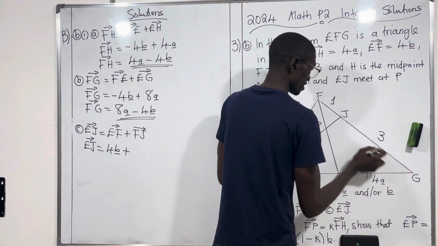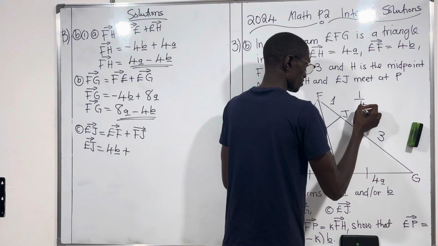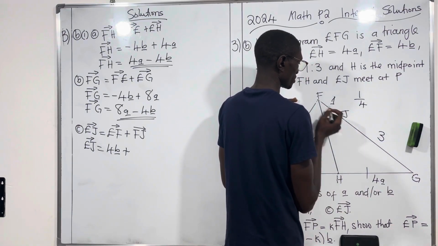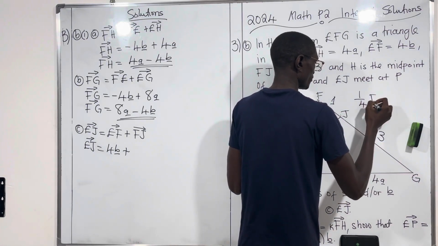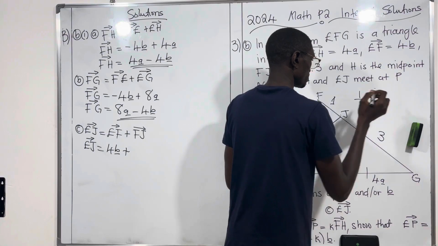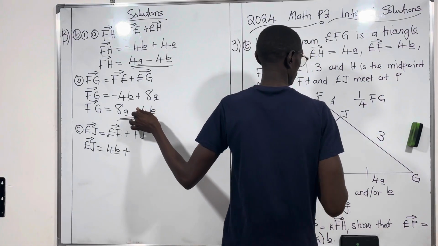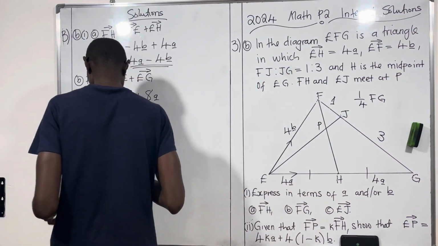From there to there, we say 1 plus 3, giving us 4. So 1 over the total. The total of what vector? The total of FG. So it's going to be 1 over 4 vector FG. What is FG? We found it here. So this is 1 over 4 of this vector. So that is our FJ.